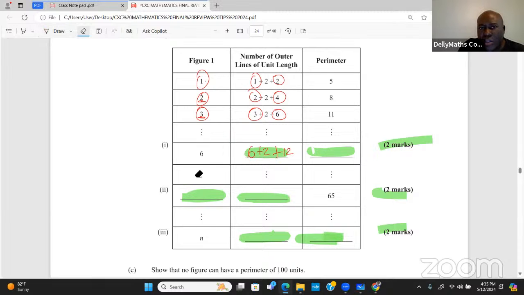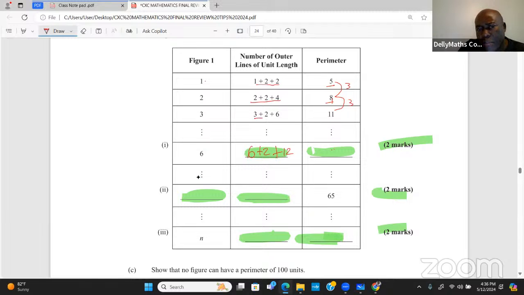Now, another thing that you could look at, and I'm saying this part is very simple. We can look: 5 plus 3, 8 plus 3. Oh, so +3. But you want to make sure that you know what's going on, because this +3 can't come here. It's not going to be 14 because we're not at figure 4. But what you could look at is this. Look, 1 plus 2 plus 2 is 5. 2 plus 4 plus 4 is 8.